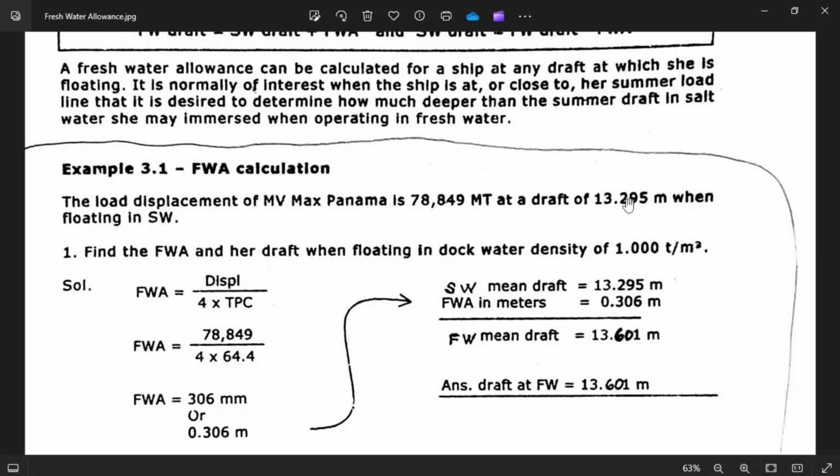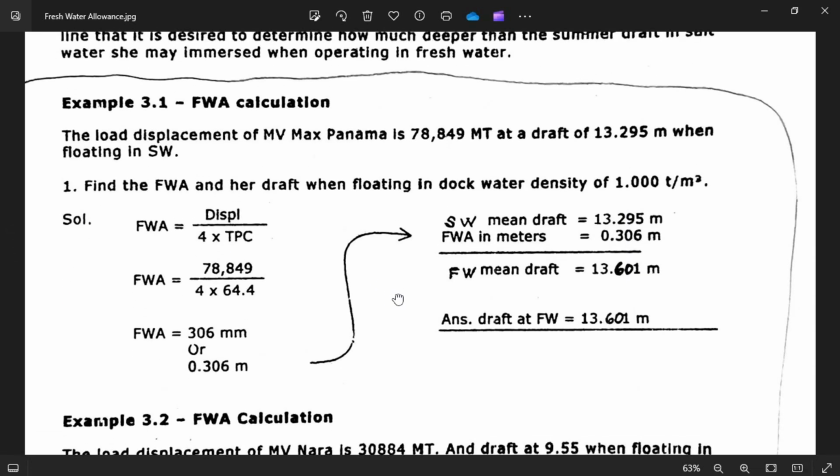So this draft is in salt water. Find the freshwater allowance and her draft. You are required to find the freshwater allowance and her draft when she's floating in dock water density of fresh water of 1.000 tons per cubic meter. So this is the solution, guys.